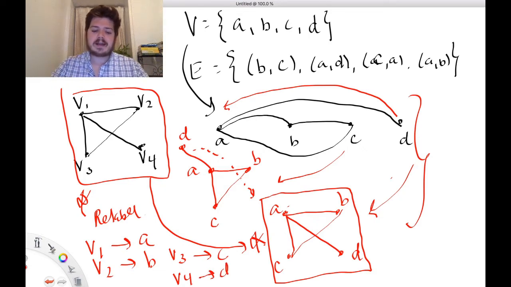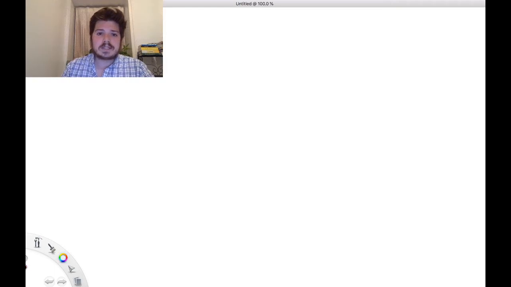So there's a name for this relabeling and reordering. What is that name?